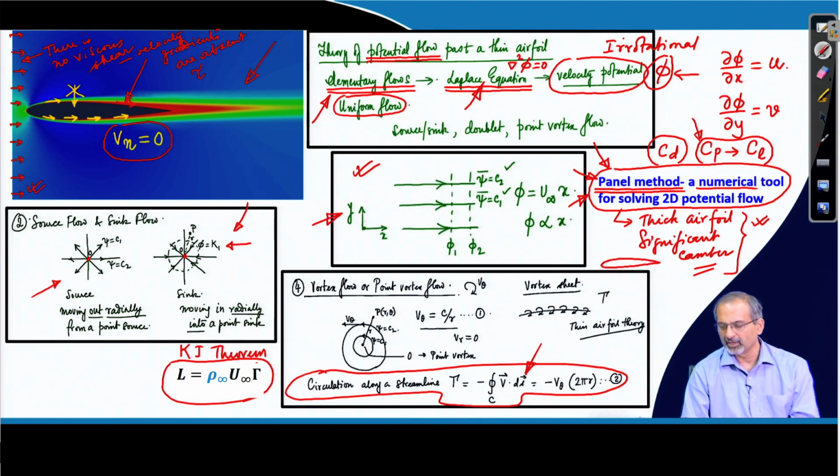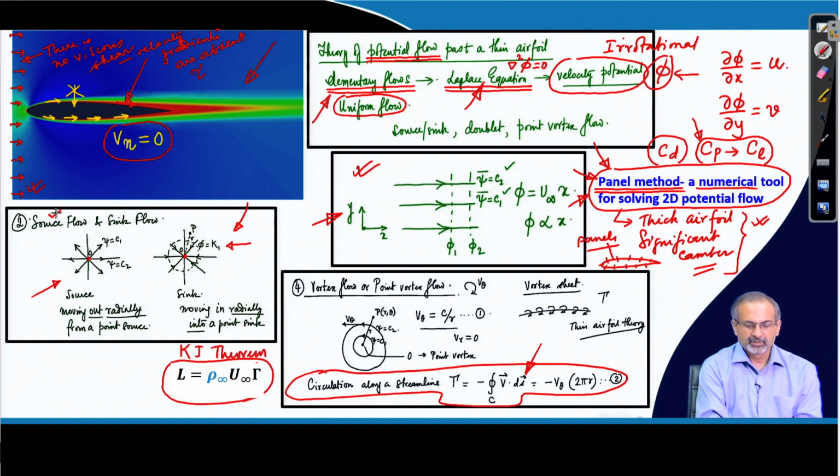If we have an airfoil like this, we will move around the actual geometry of the airfoil and we will distribute some elementary flows on these small elements which we will call as panels. So, you may like to distribute sources and sinks, you may like to distribute point vortices depending on what kind of flow you are modeling.